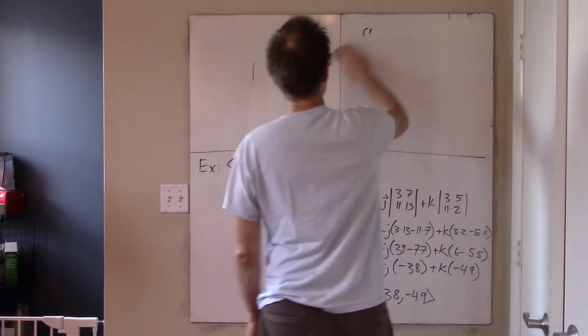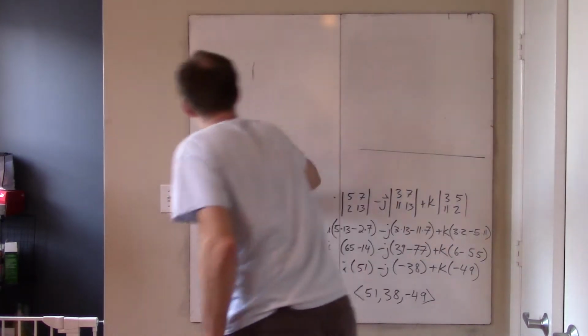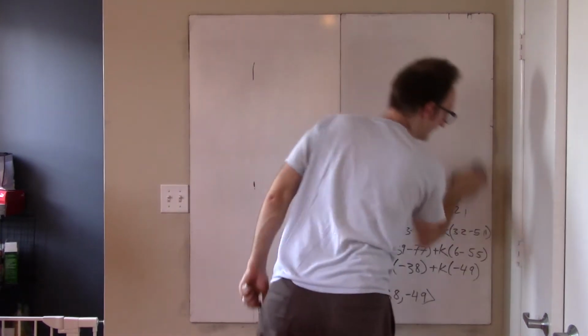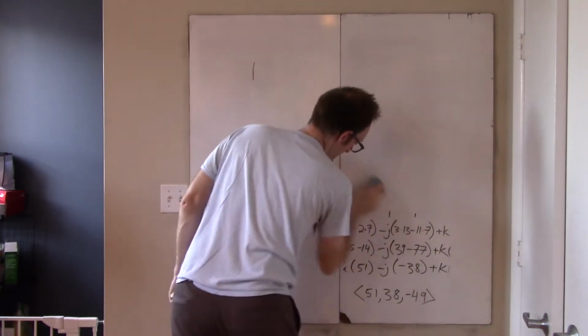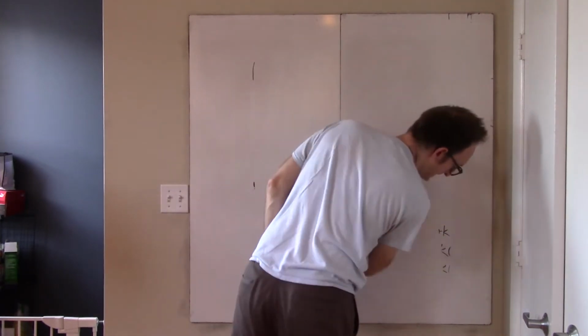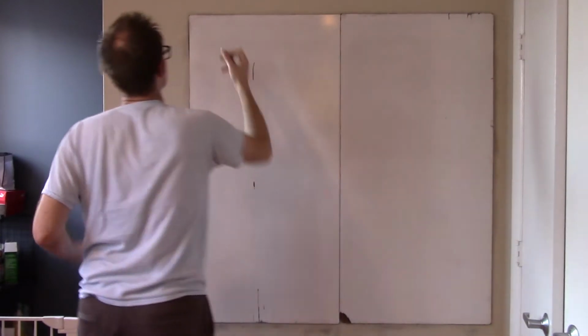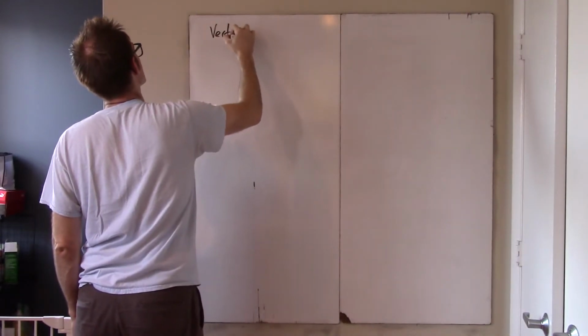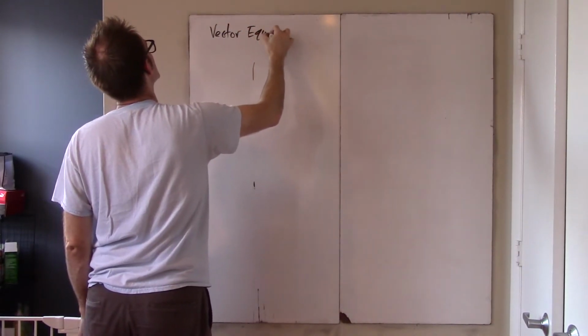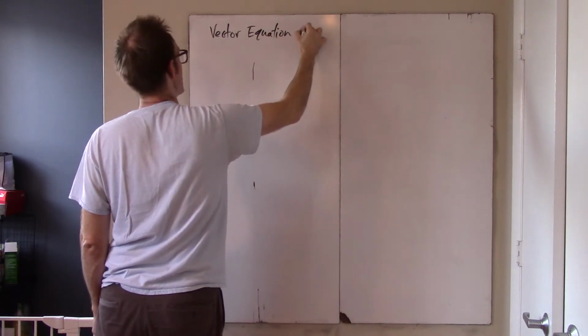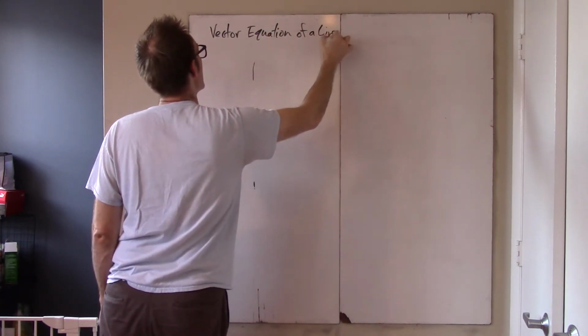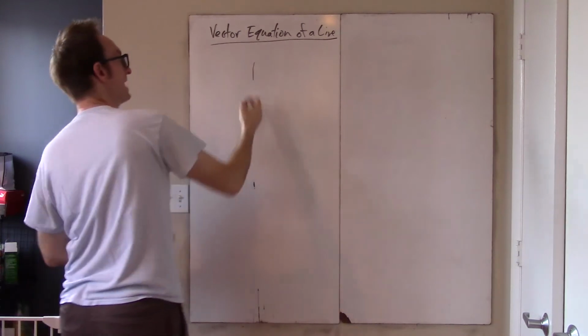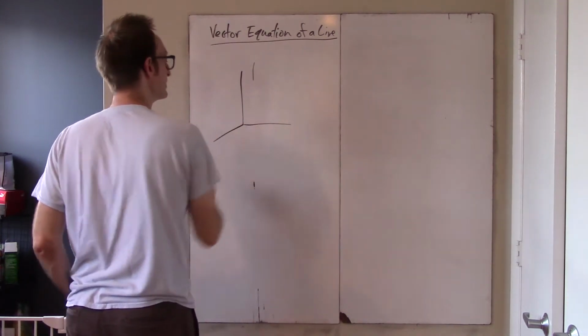One thing that's maybe easy to do is the equation of a line in 3 dimensions. This is sometimes called the vector equation of a line. But now the line is just living somewhere in 3D.